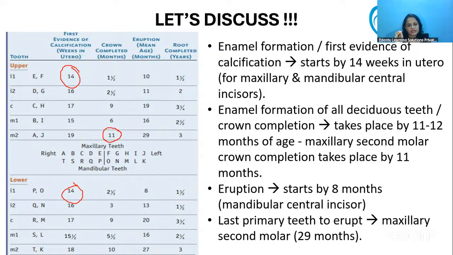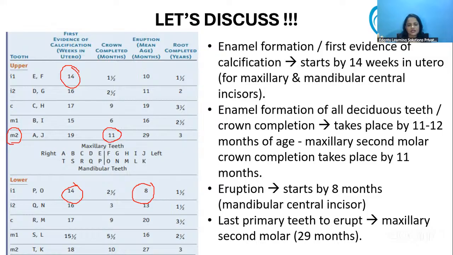The last tooth to finish crown completion will usually be the maxillary second molar. The eruption usually starts by around the 8th month. The last primary tooth to erupt will usually be the maxillary second molar.